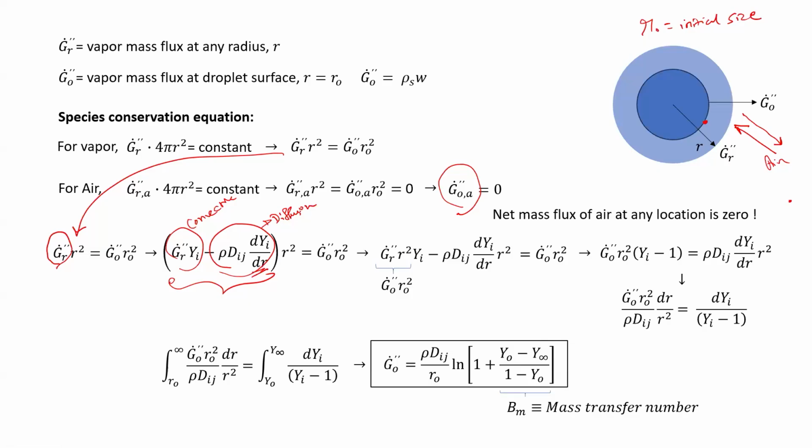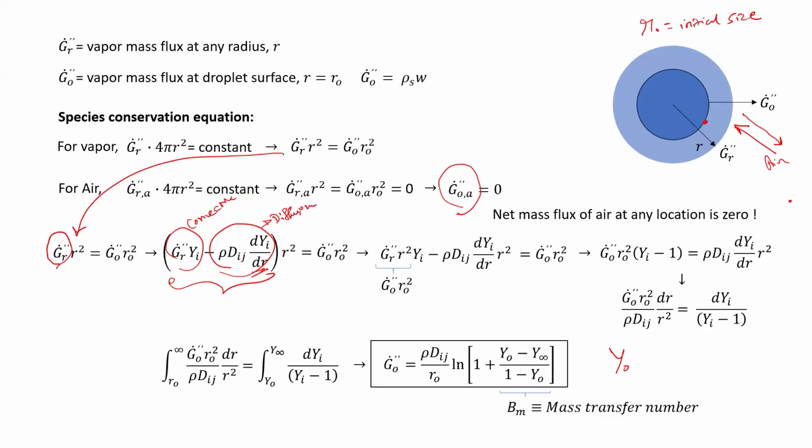But what can be the maximum value of y naught, or how do we know what is y naught? Y naught refers to the saturation condition. It is justified to assume that the droplet surface or the interface is always saturated.